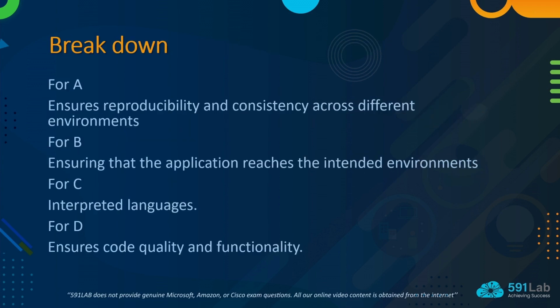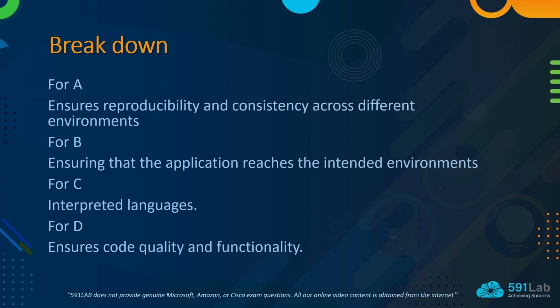Let's break it down. For option A, this step involves creating containers, encapsulating the application code and its dependencies for consistent and portable deployment. So this step ensures reproducibility and consistency across different environments, making it crucial for a cloud-native project.